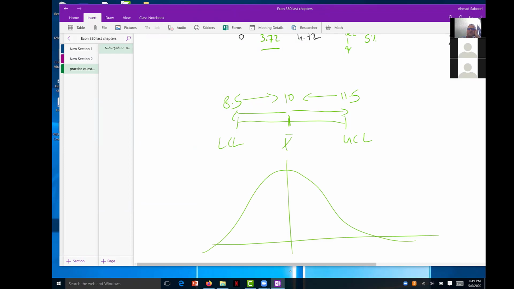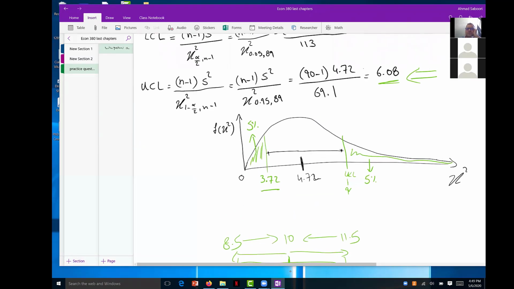But that is not the case anymore when it comes to estimating variances. You see here, the distance is only 1, 3.72 to 4.72, but here the distance is more than 1 because the upper confidence level is 6.08. If it had been the same, this would be 5.72 and not 6.08. Because as you see, the distribution is not symmetric anymore. So that's something interesting. I think it was worth mentioning.